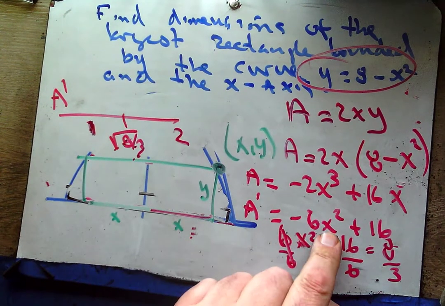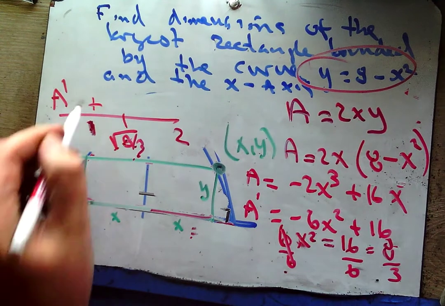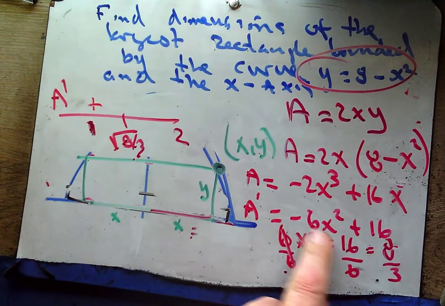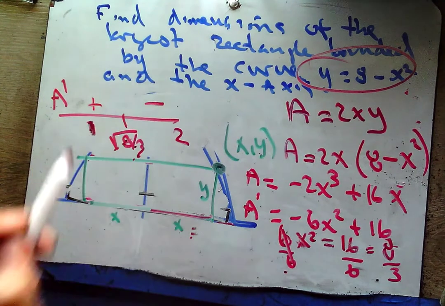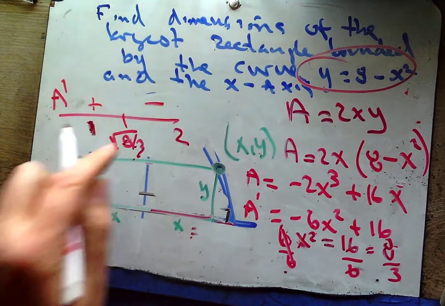If I plug in a 1, I get negative 6 plus 16, which is positive 10. If I plug in a 2, I get negative 24 plus 16, which is negative. Aha! There I have a max.